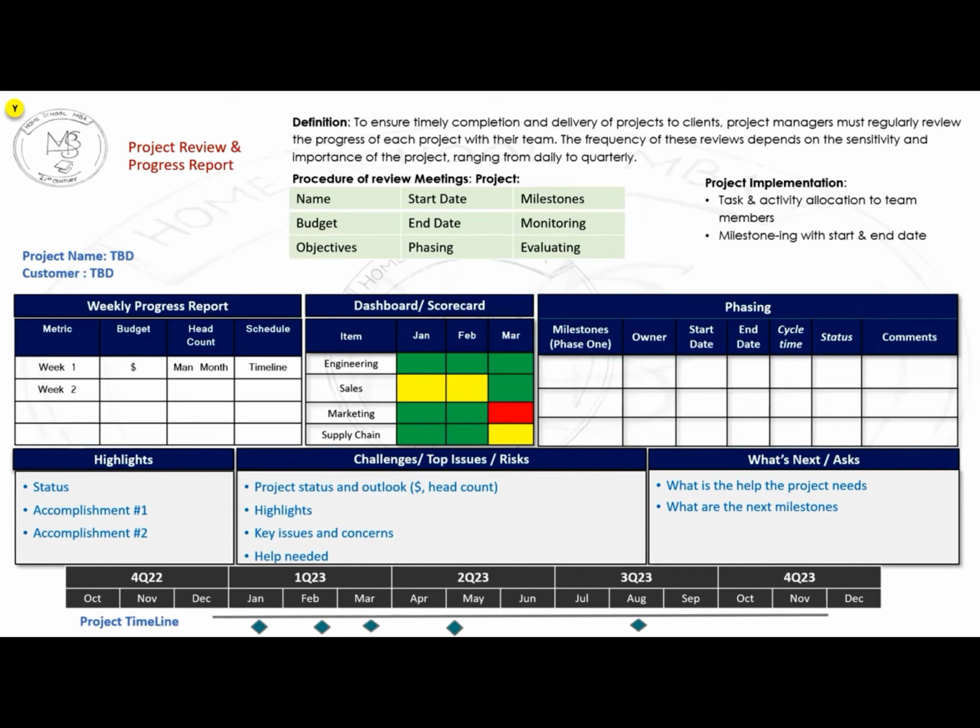Like you said, accomplishment one. So in the engineering column on the dashboard scoreboard, you have accomplished January, February, March, that everything was okay. That's what it means. Accomplishment two, and things were going on. So key issues and concerns means the problems that the project is going through or the team members are going through.